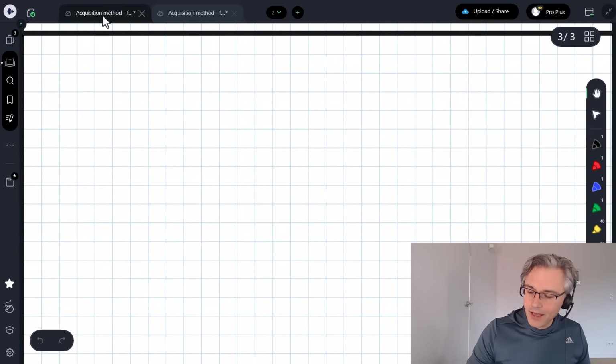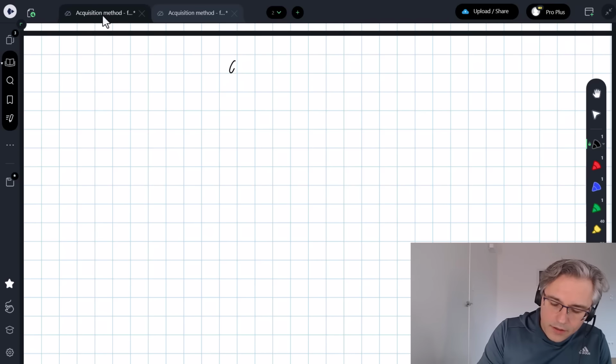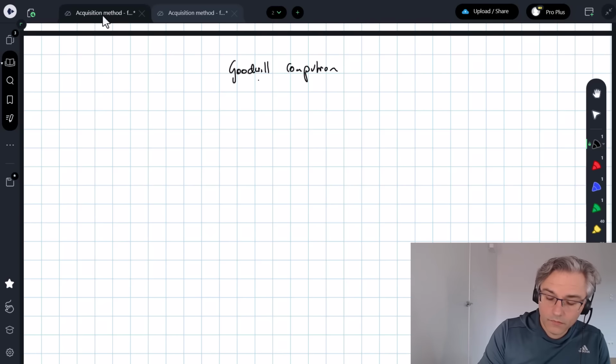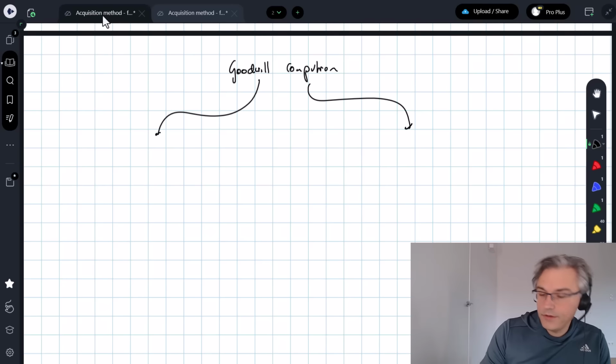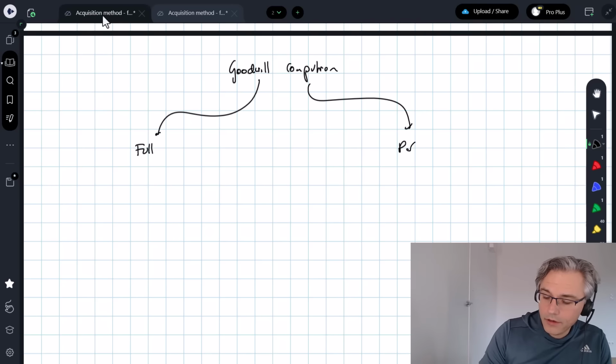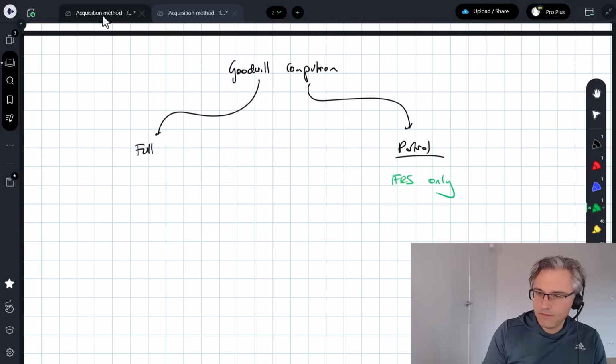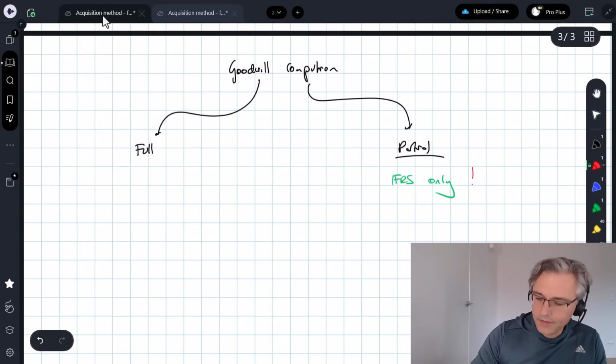So depending on how one calculates goodwill, they're also going to get different results for this thing called non-controlling interest that sits within equity. So let me consolidate all of that and summarize it and say that goodwill computation can be done using 2 approaches, the full approach and the partial. The partial is only allowed under IFRS. Important.